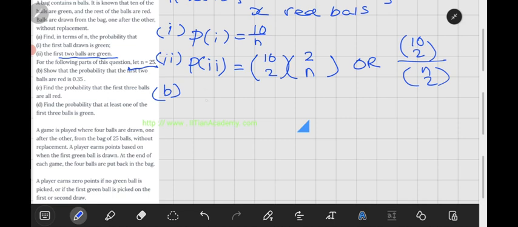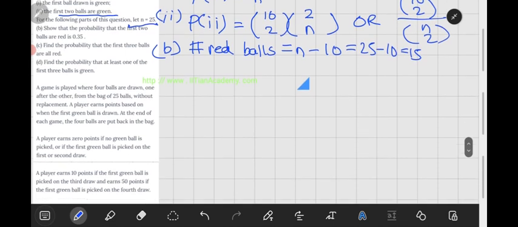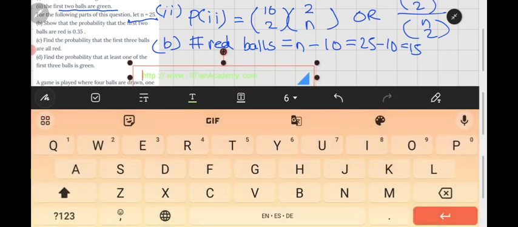And the reason being that the number of red balls, if n is equal to 25, because that's the total number of balls, should be n minus 10, since there are 10 green balls. 25 minus 10, which is 15, okay? Just to clarify that point.